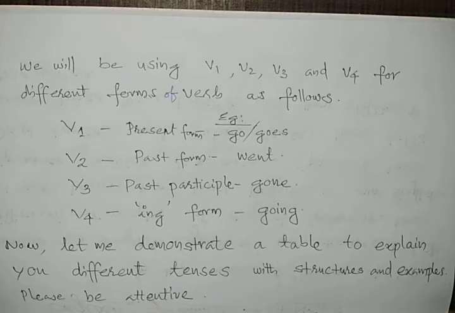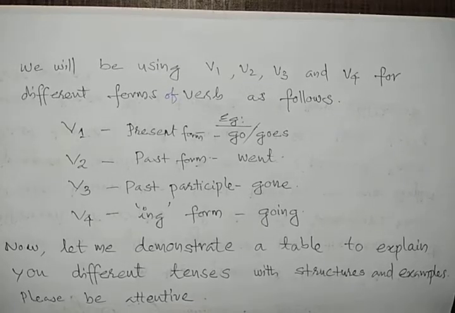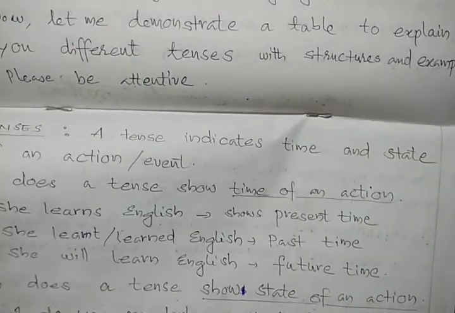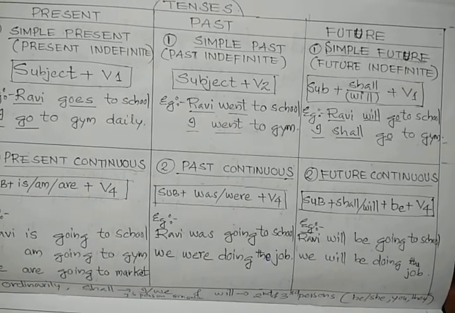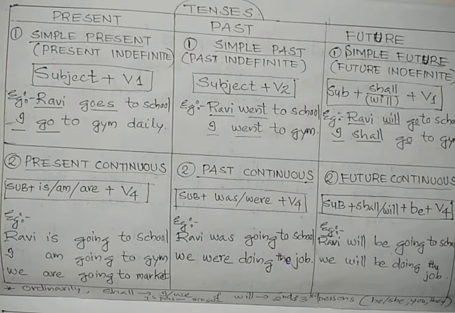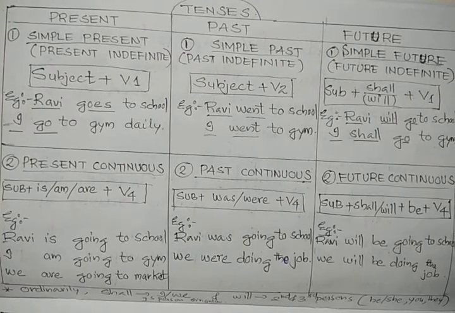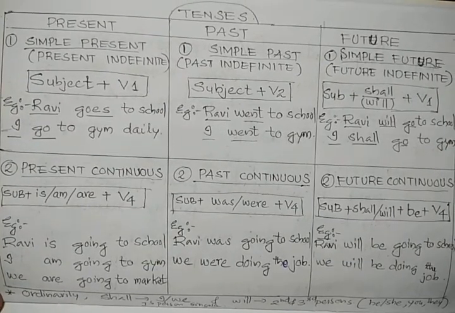Now, let me demonstrate a table to explain different tenses with structures and examples. Please be attentive. So be clear about V1, V2, V3 and V4 forms. See, we are learning about all the three tenses, that is present, past and future.